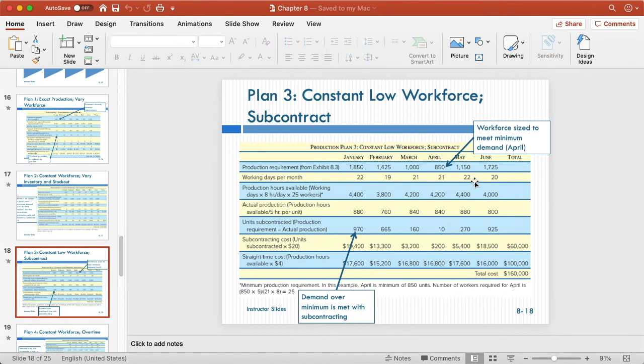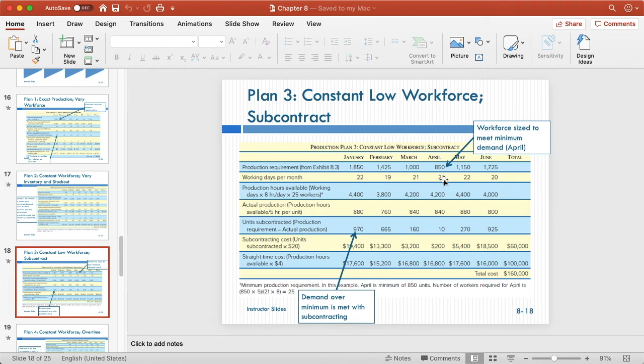We need to calculate the corresponding worker number. 850 is the production amount, and 850 times 5 is the corresponding production hours in April. Then we divide it by the working days in this month, which is 21 for every worker.